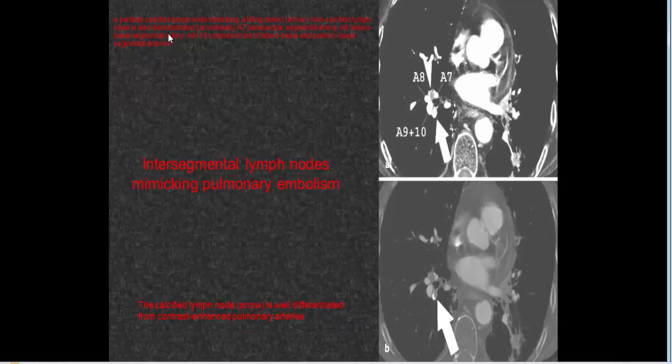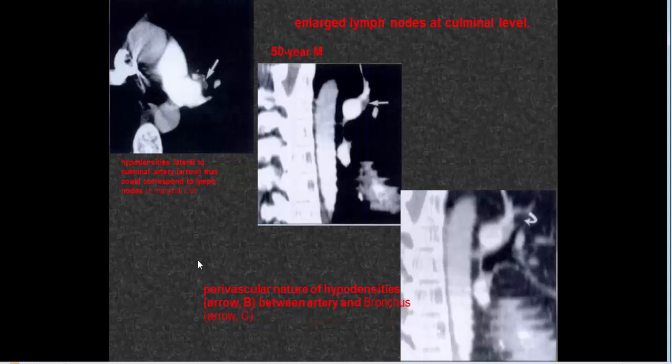Partially calcified lymph nodes make filling defects, an intersegmental lymph node mimicking pulmonary embolism. A calcified lymph node must be differentiated from contrast enhancement in the pulmonary artery. This calcified lymph node gives us a bad impression of pulmonary embolism.